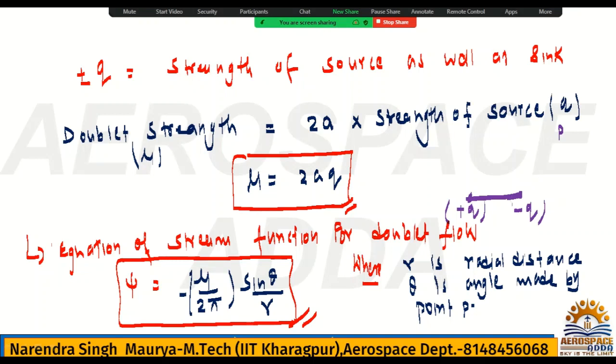Okay. So basically, this is the point. This distance is R, and this inclination is theta. P is one point.